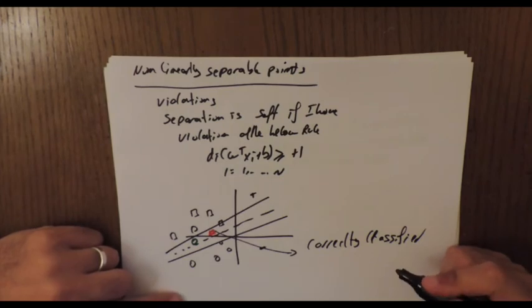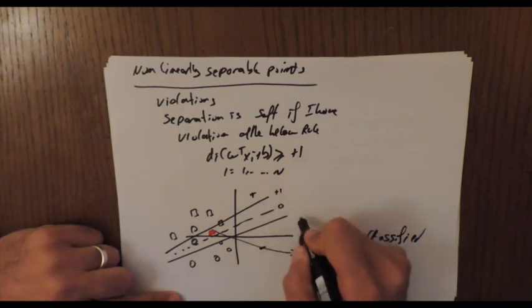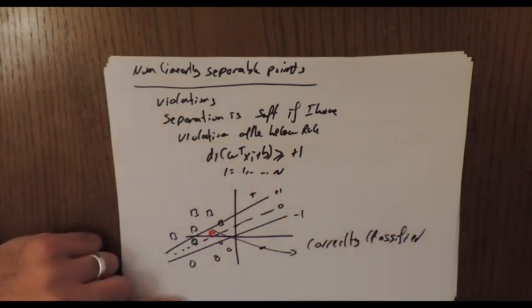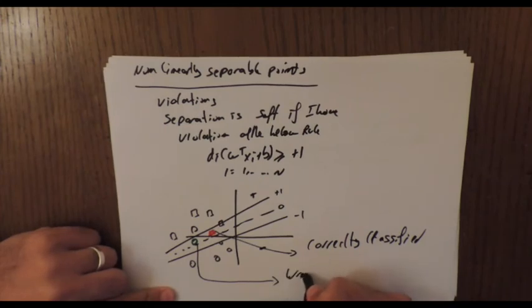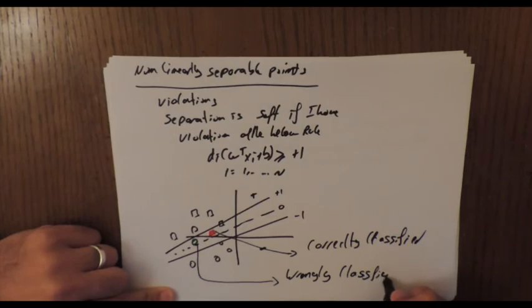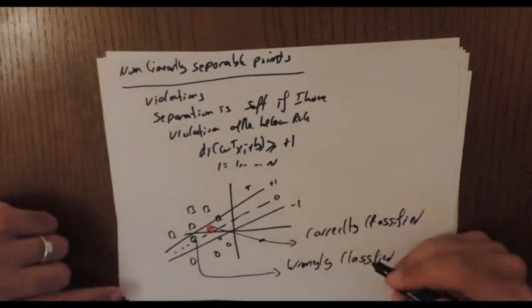So this is a violation of this above rule, because remember this is 0, this is plus 1, this is minus 1. However, this one is wrongly classified since it is closer to the plus domain, while it belongs to the negative domain.